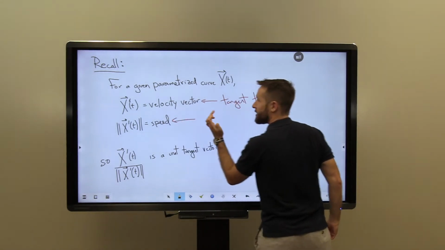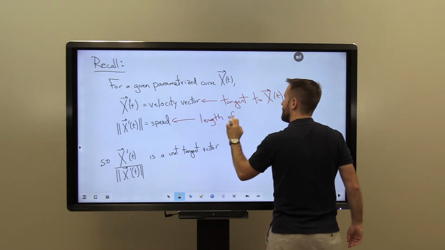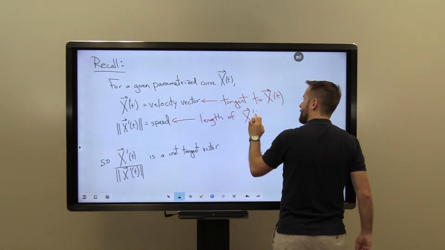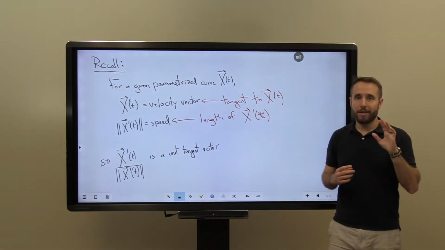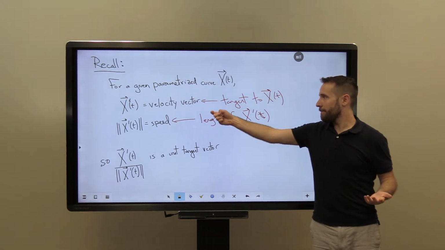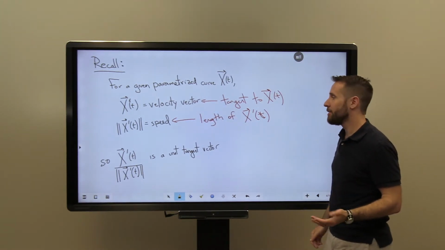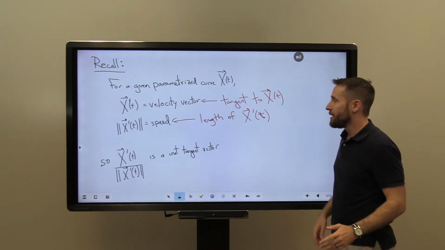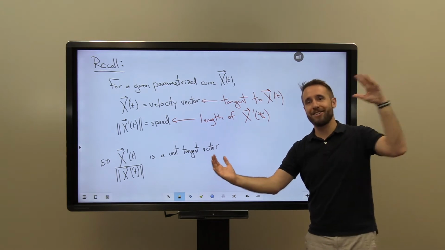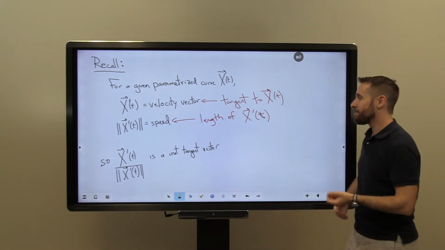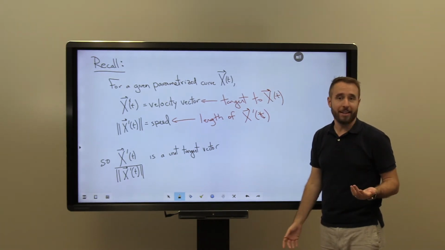And I'll just be really explicit here. This is the length of capital X prime, right? And so if we have a vector and we have its given length, we can perform scalar multiplication, or really in this case scalar division, to stretch or shrink that given vector to create a new vector pointing in the same direction of the length we want. Right?